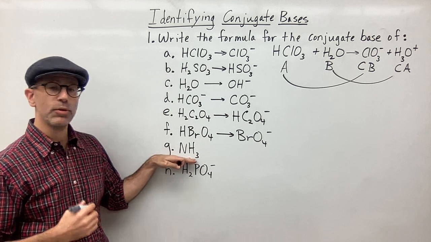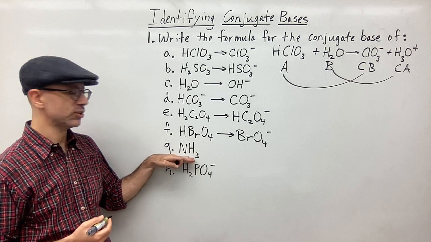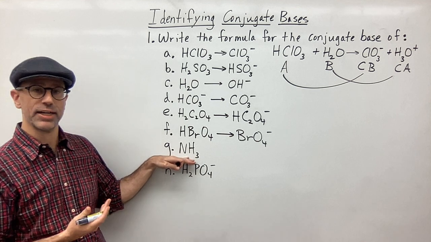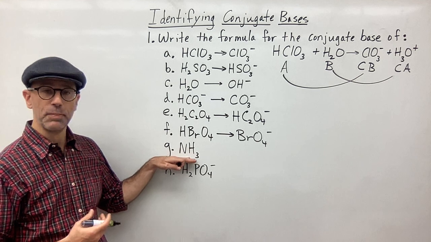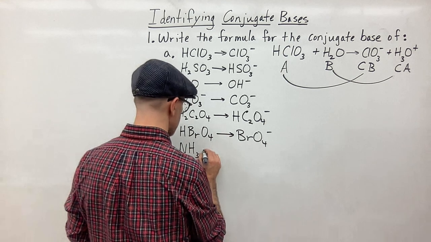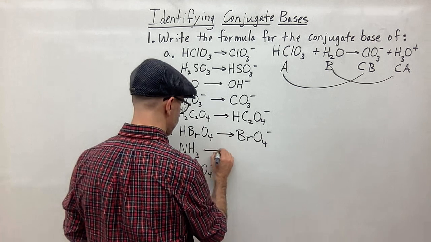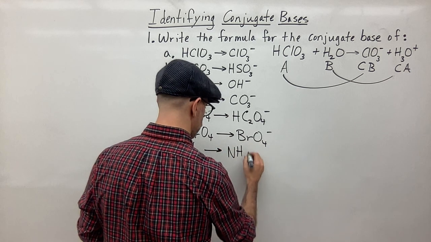Ammonia. Before, we saw ammonia acting as a base; here we're going to see it acting as an acid. Again, it's going to donate one of its hydrogens to water, or some other species if there's another or stronger base around. Here it would become NH2 minus.